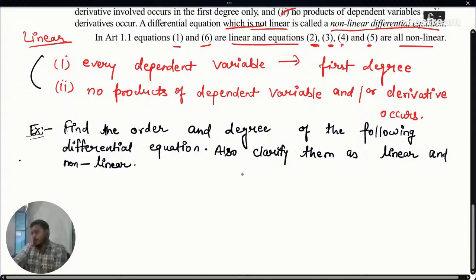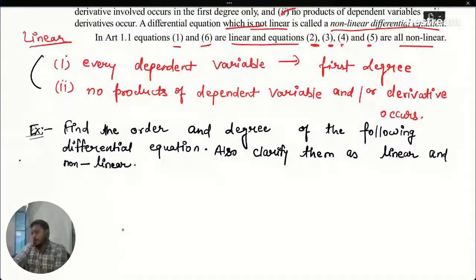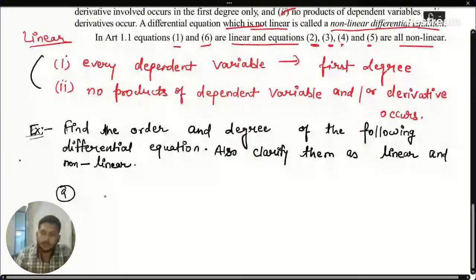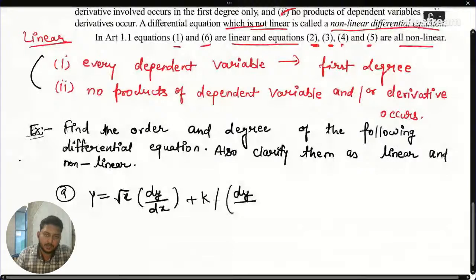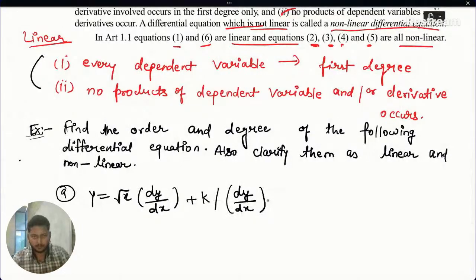So the equation is given: y equals square root of x times (dy/dx), plus k dy/dx. So find the order and degree of the differential equation, and also classify it as linear or non-linear.